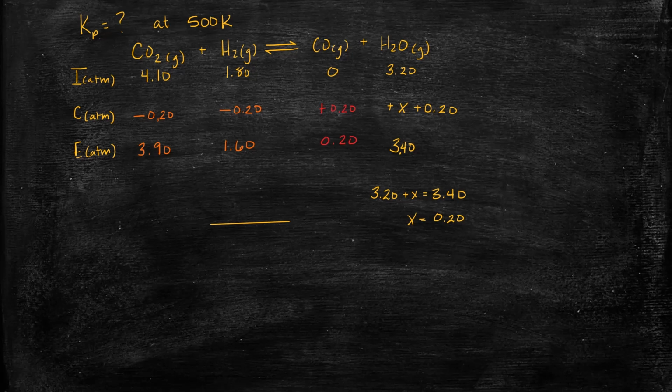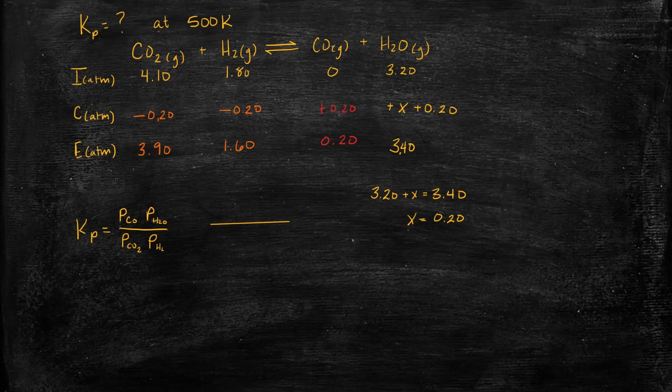And then once we do this, it becomes super easy because it becomes a plug and calculate type of problem. Now we have all of our equilibrium concentrations, so we just plug them into the equation. Again, I'm going to put my KP equation right next to what I'm going to write down just so I can see where I'm plugging in things.